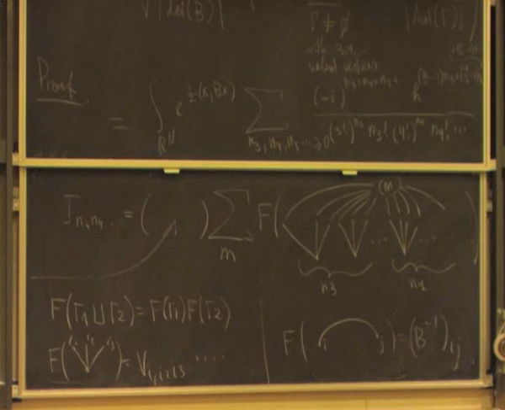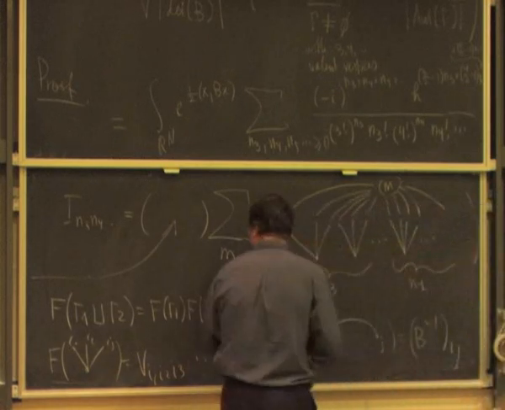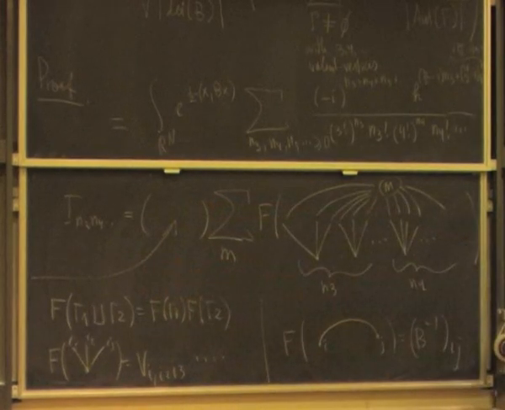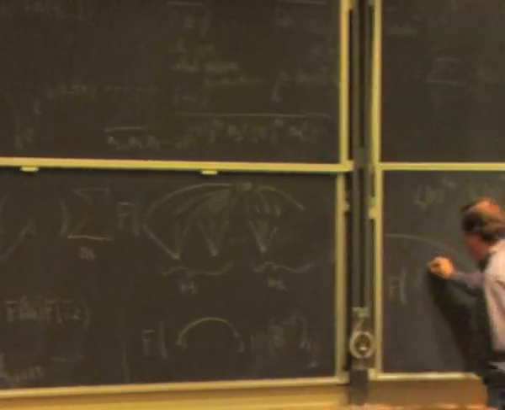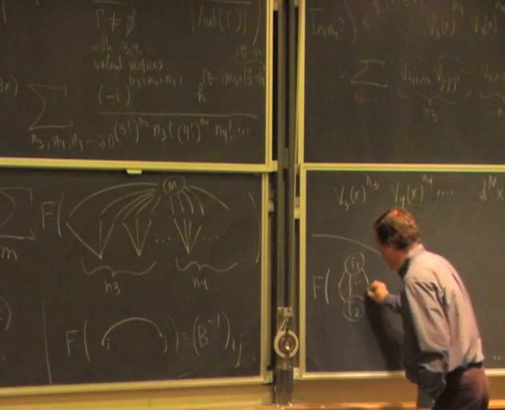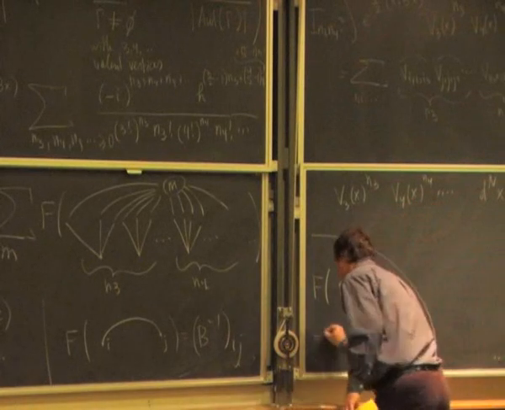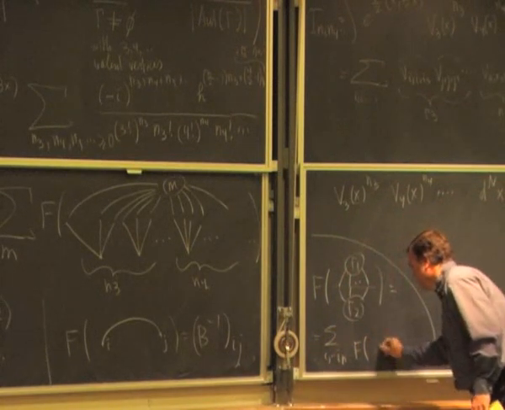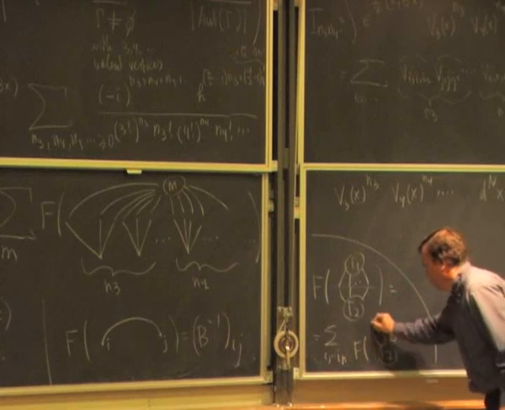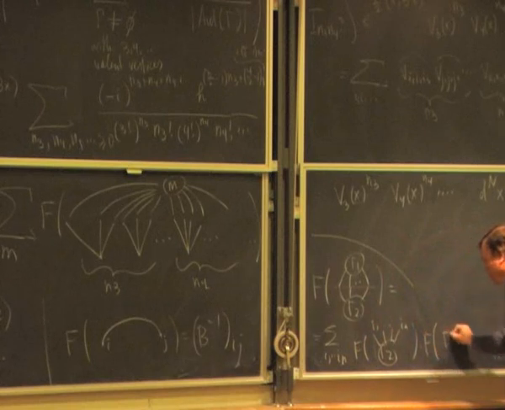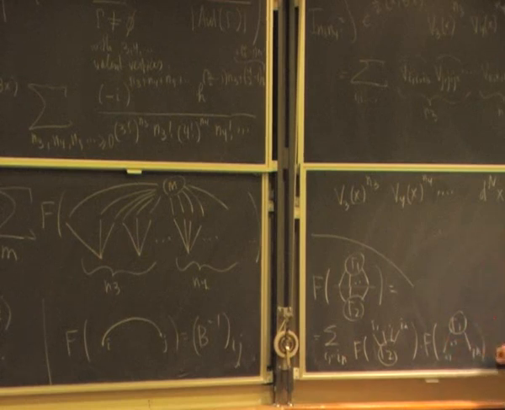And then the other rule is that if you connect graphs like this, that's the summation over i1 through im of f of gamma 2 with indices i1 through im times f of gamma 1 with indices i1 through im.